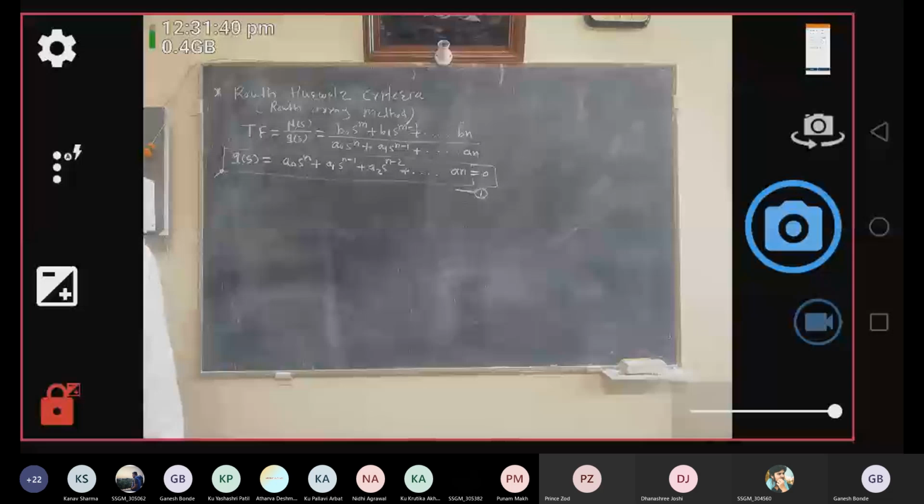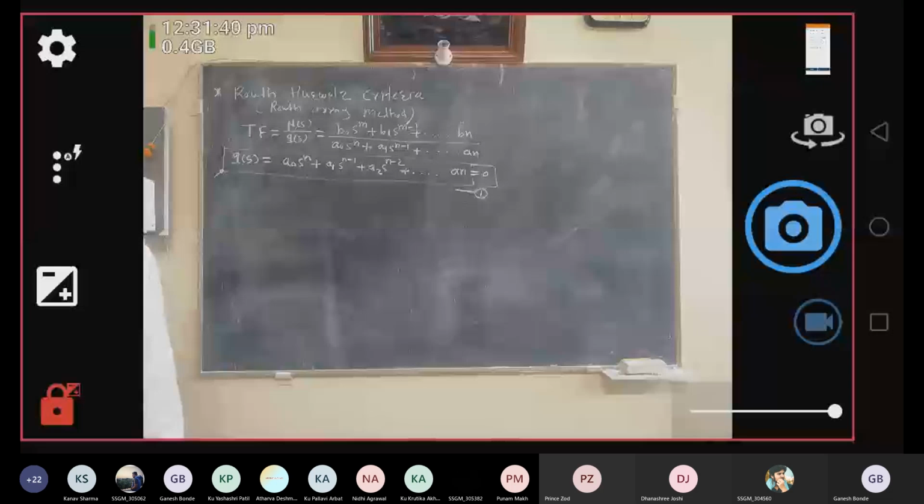Then s raised to 2 has d1, d2, 0, 0. s raised to 1 has e1, and s raised to 0 has f1. Then all the rest of the values are 0. So in this way we have completed this table.